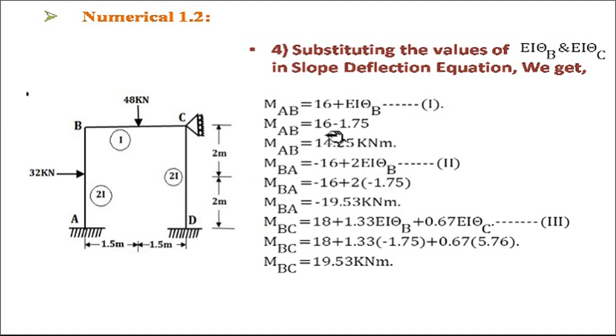Okay, in MAB it is 14.25, MBA it is minus 19.53, in MBC it is plus 19.53.